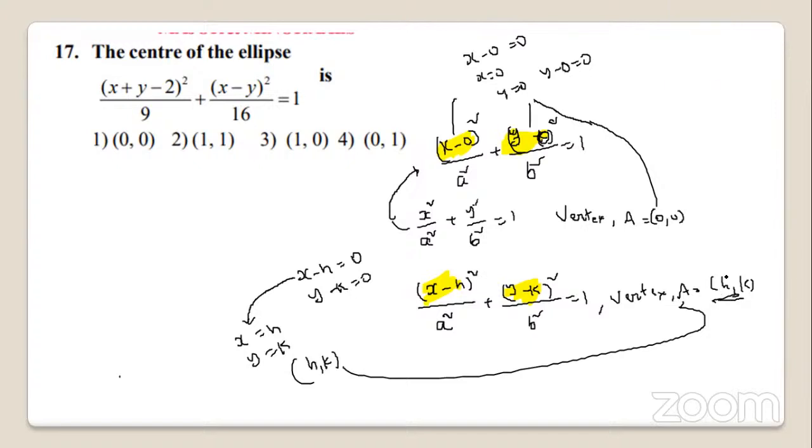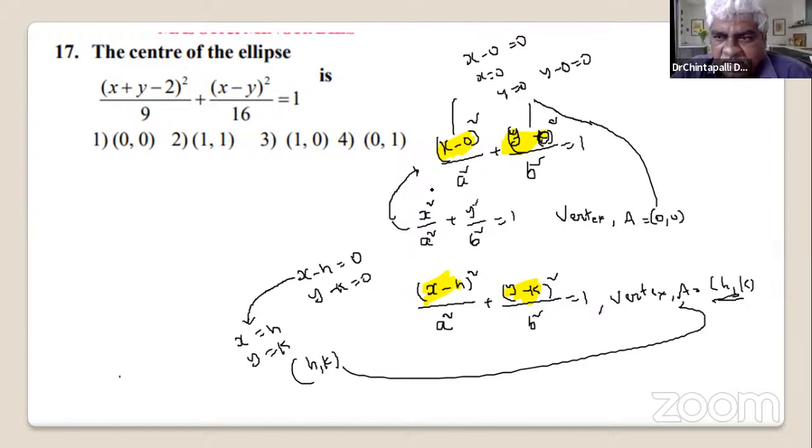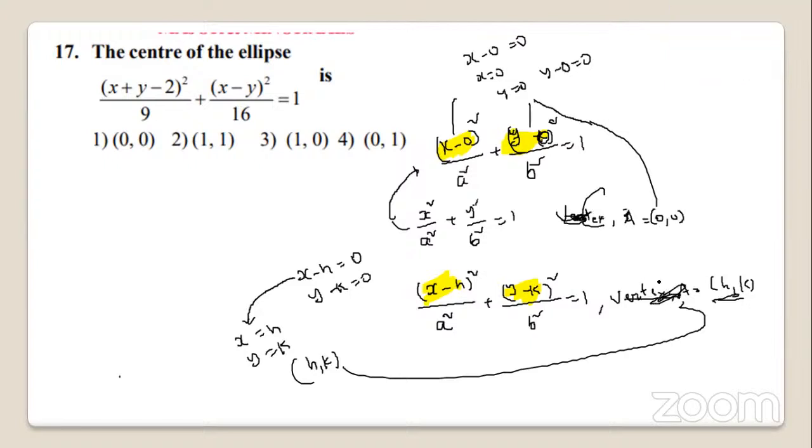So from this discussion, we can understand that the name of it is not vertex, it is center C. It is all center C, right?